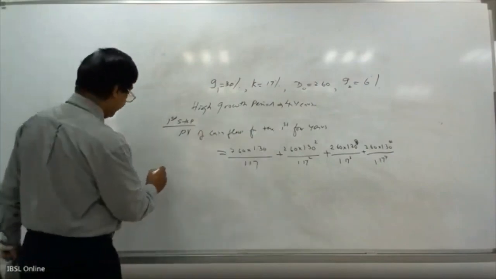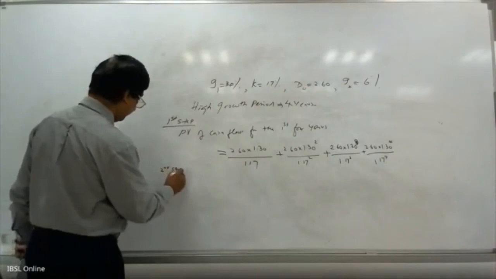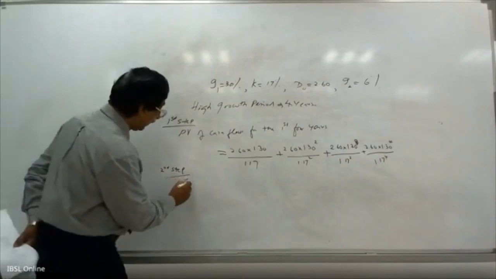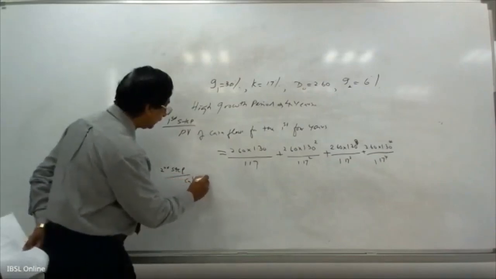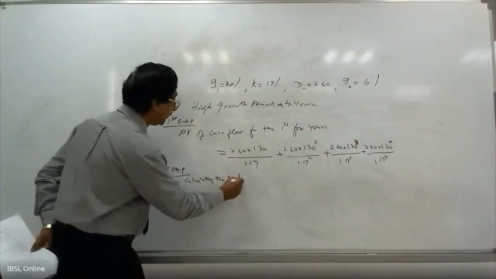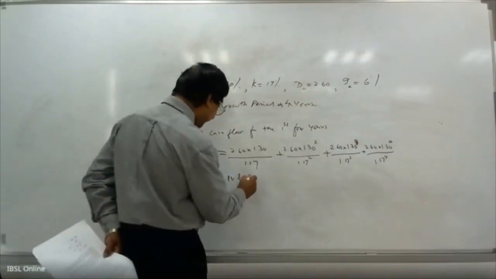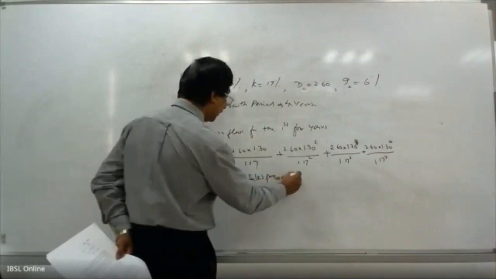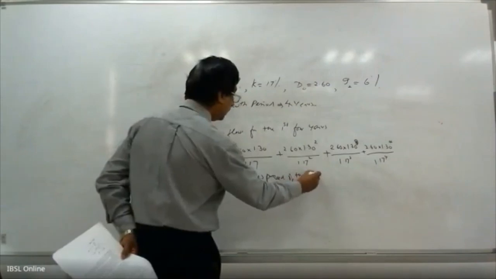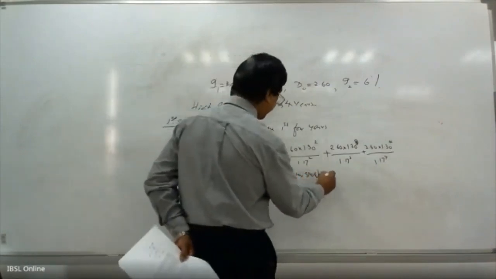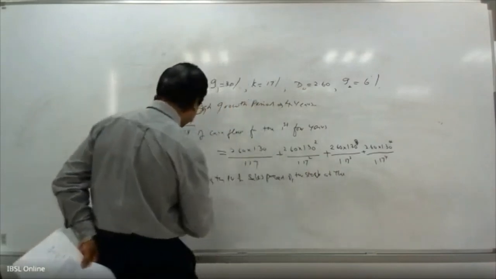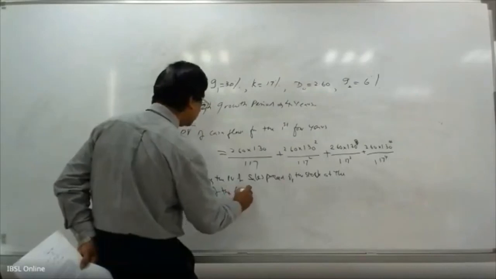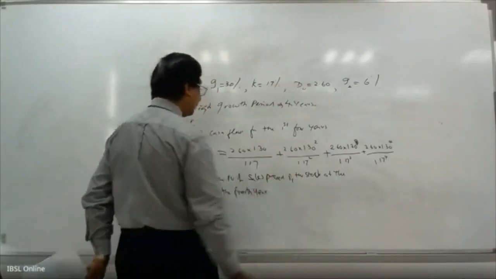Then the second step is calculating the present value of the sales proceeds of the stock at the end of the 4th year. So how can we calculate that?